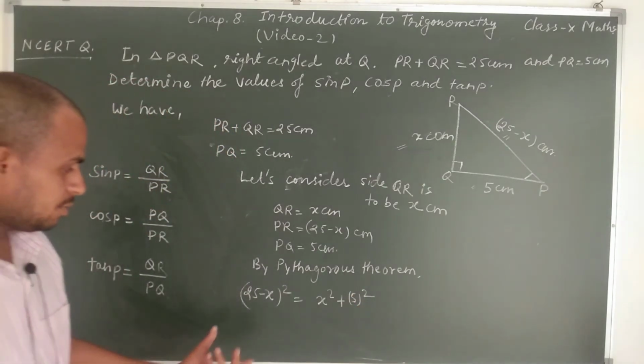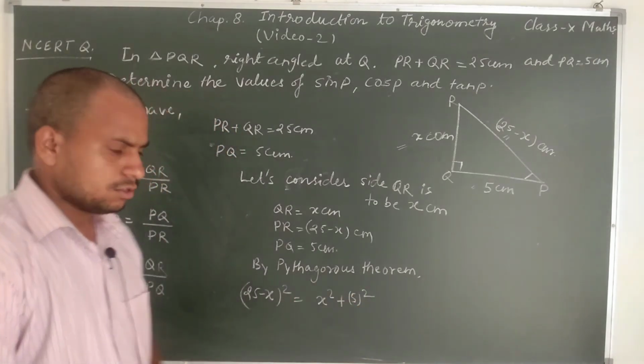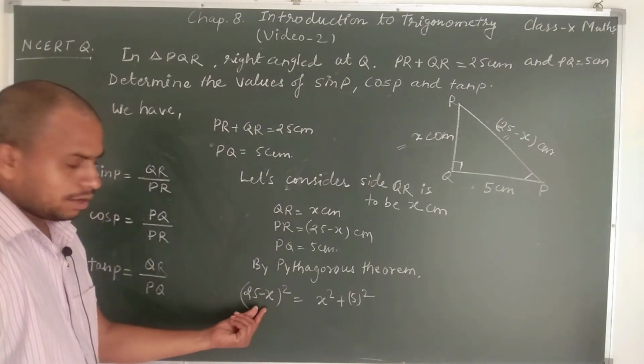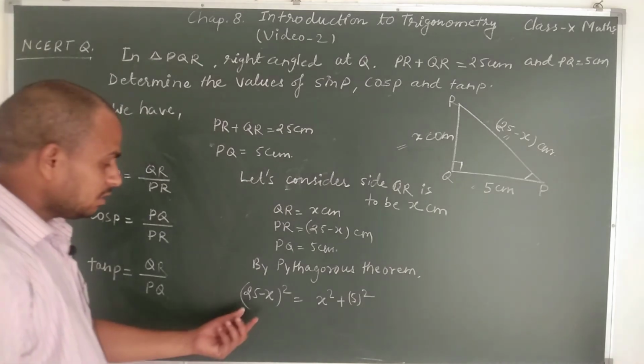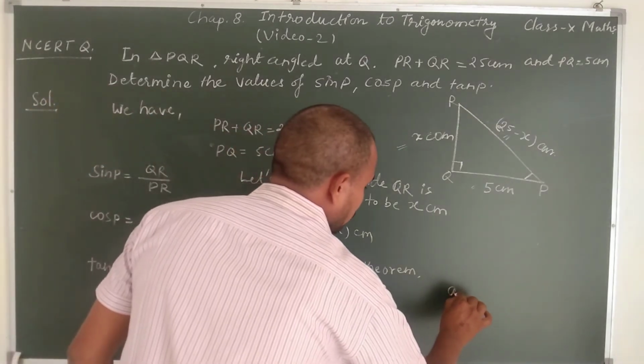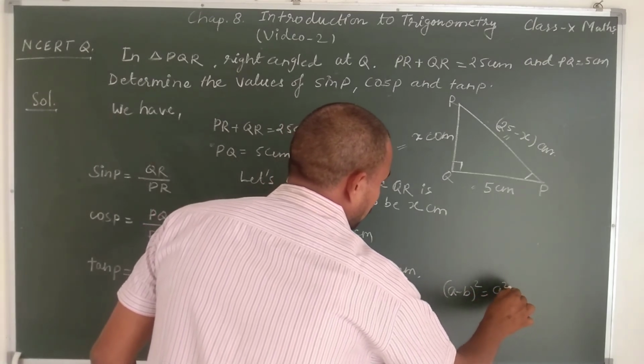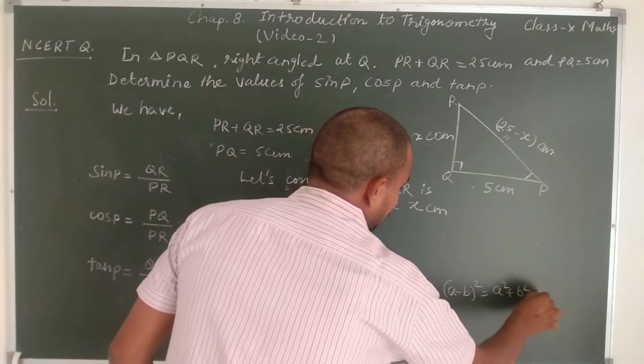We apply the important algebraic identity: a minus b whole square is a square plus b square minus 2ab.